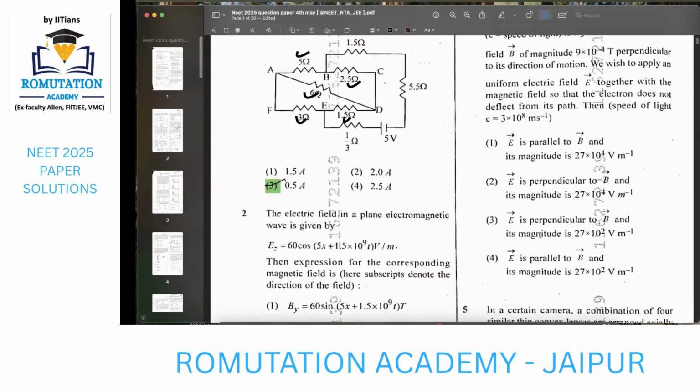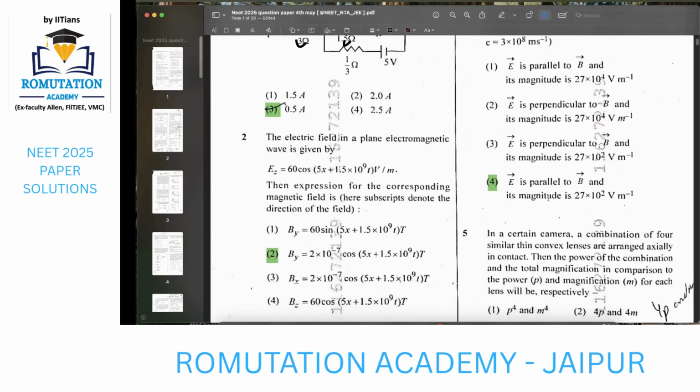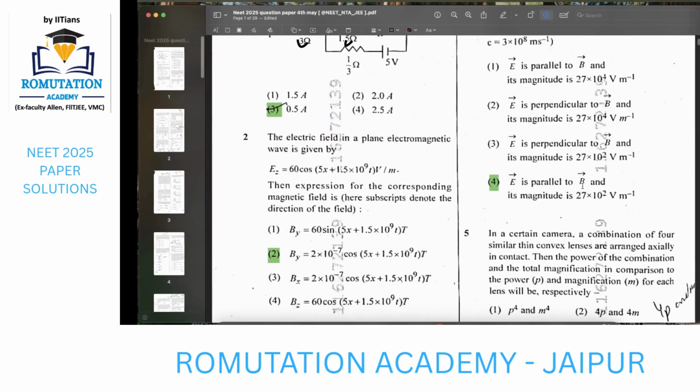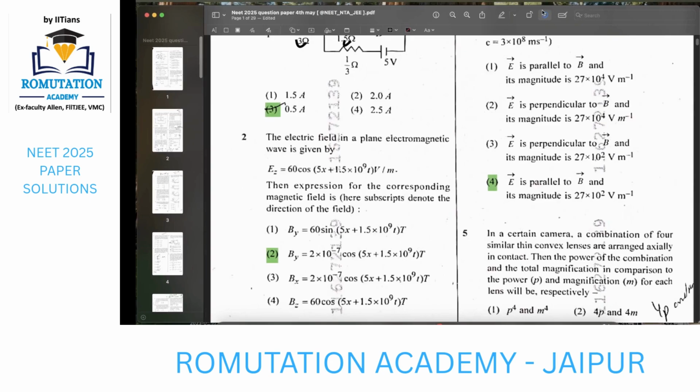So definitely, we are seeing that this option most appropriately goes with the discussion that we have done till now, because the electric field also is coming to be parallel to the, okay, not parallel actually, the diagram over there says, okay, just a second. Where is the undo thing here?